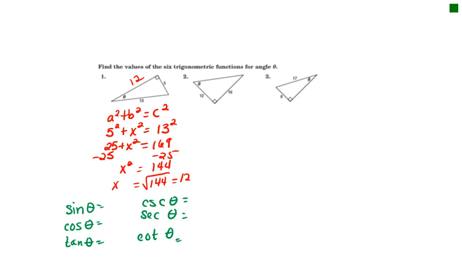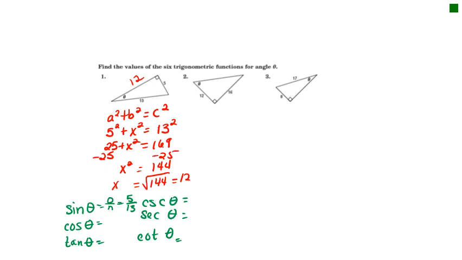So sine of theta is, remember, some old horse, opposite over hypotenuse. So if we look at theta up here, opposite is going to be 5, and the hypotenuse is 13. All right, so 5 is opposite theta, so it's going to be 5 over 13, and we would check to see if we can reduce this, which we cannot.